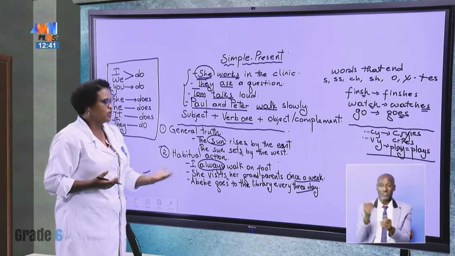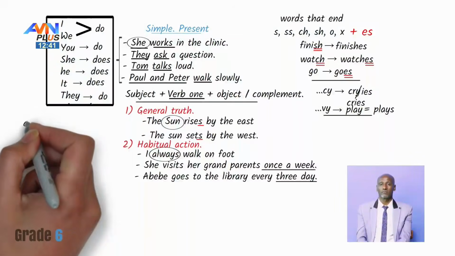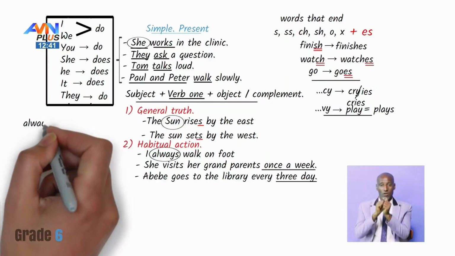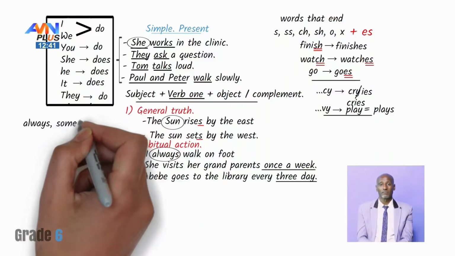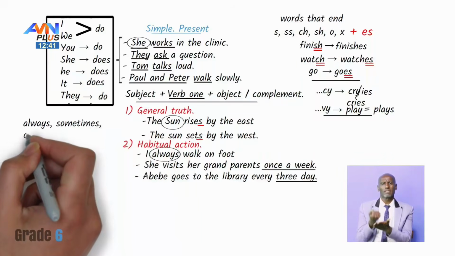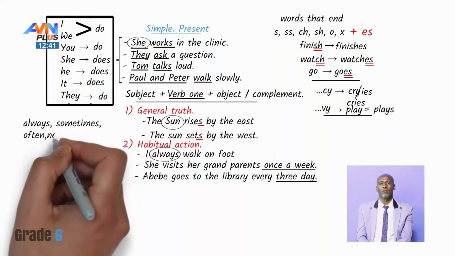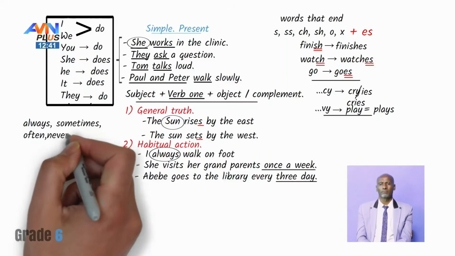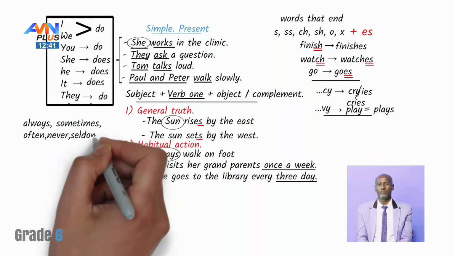Okay? So, let me remind you some common adverbs that can tell you that your sentence is habitual action. One, as you have seen here, always. Another, sometimes. Another, often. Another, never. Seldom.